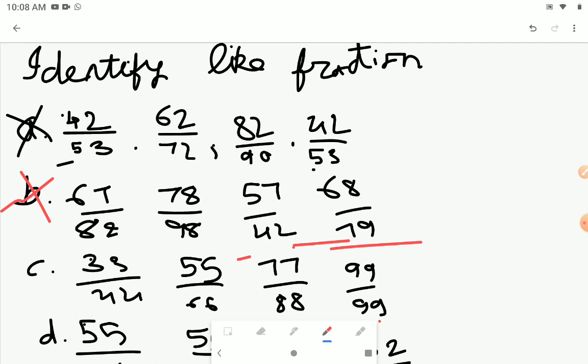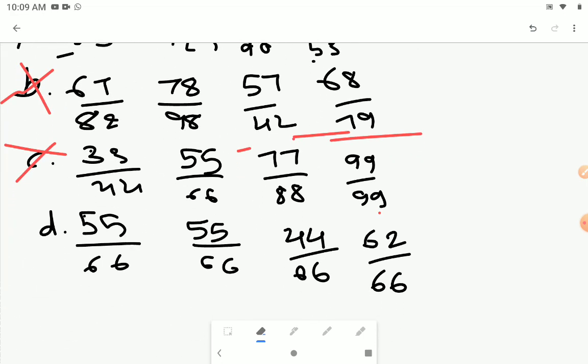This also can't be. So let's look at the D one. D is 55 by 66, 44 by 66, 62 by 66. Those have the same denominator. This is our answer.